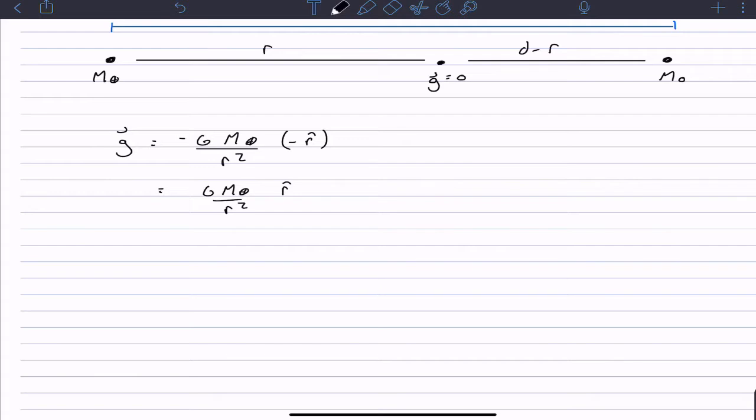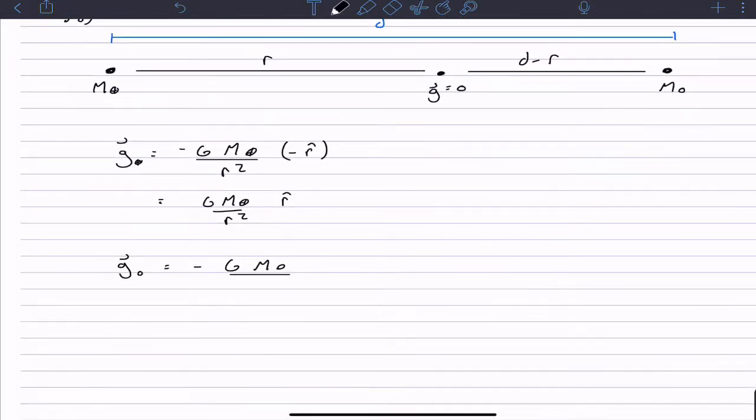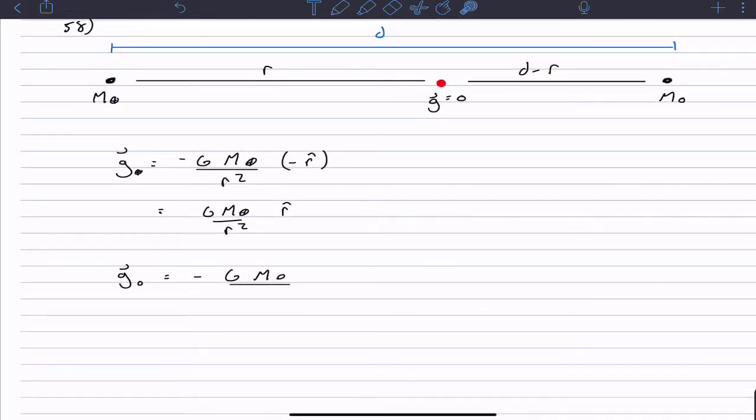We'll call this g of Earth, and then g of the moon is going to be g times the mass of the moon over the distance to the point. Here's the point, here's the moon. This distance is d minus r, so we use d minus r squared.